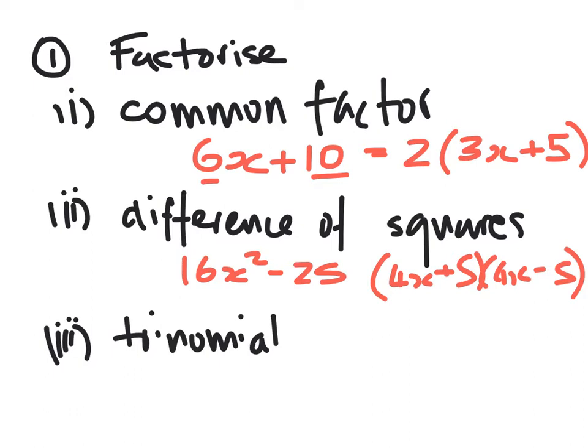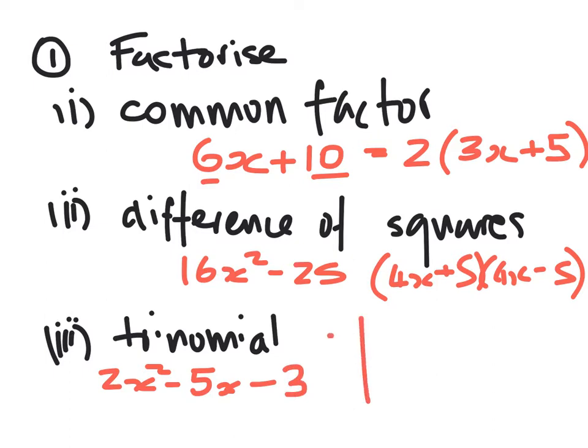Lastly, the trinomial. So for example, 2x squared minus 5x minus, what will we go for, 3.